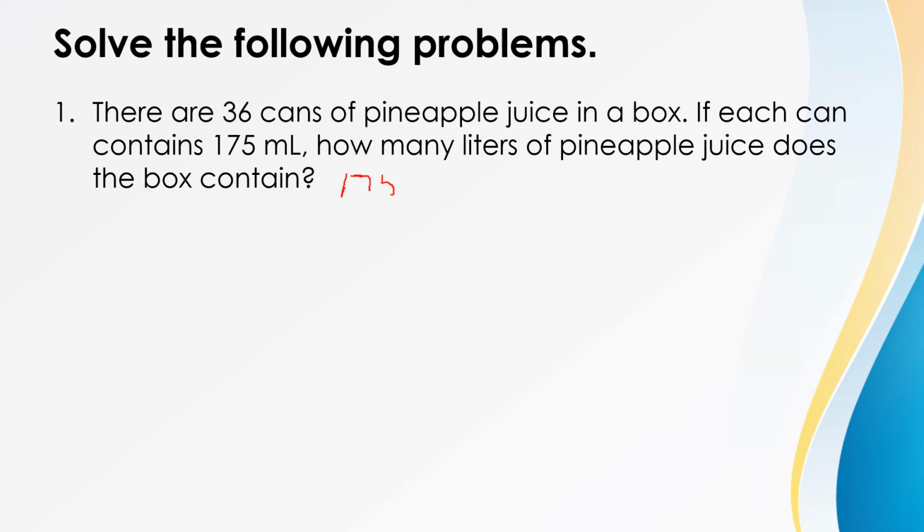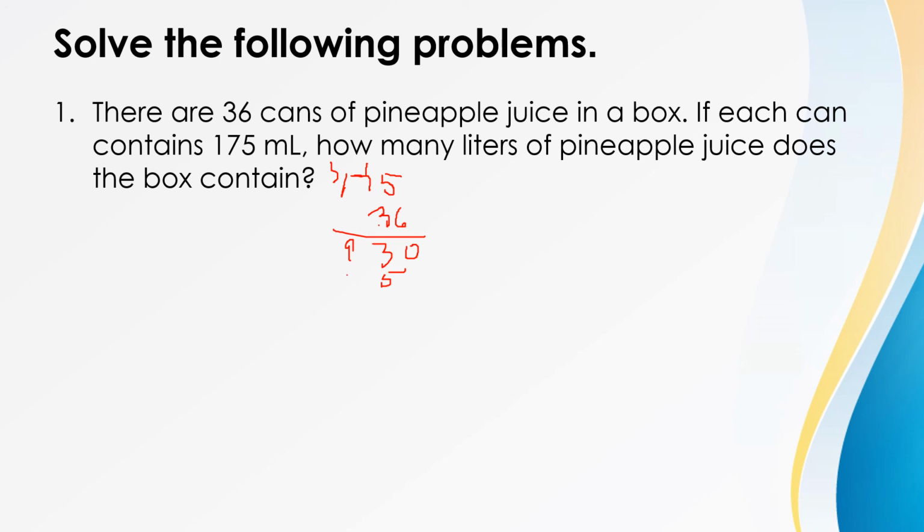175 times 36. So, we have 6 times 7, 42. 42 plus 1, 43. And then 6 plus 3, 9. 15. 3 times 5, 15. 3 times 7, 21.